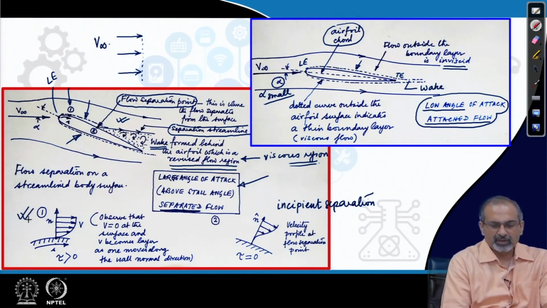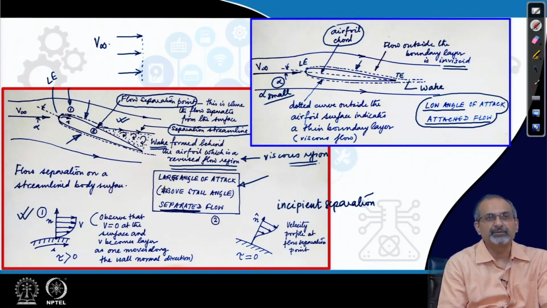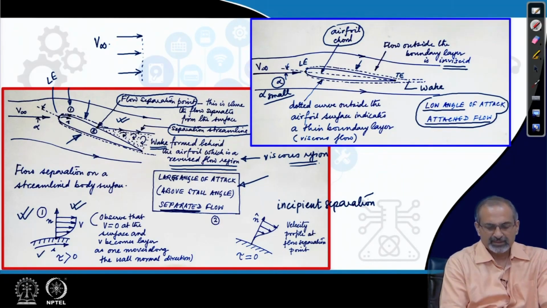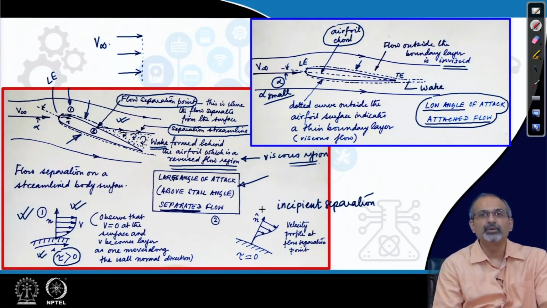So, at point number 1, the flow is well behaved, it is attached. You see a typical boundary layer kind of velocity profile developing in the flow field, and we have marked the S coordinate, which is following the upper surface. Here the shear stress, if you calculate it, would be greater than 0.